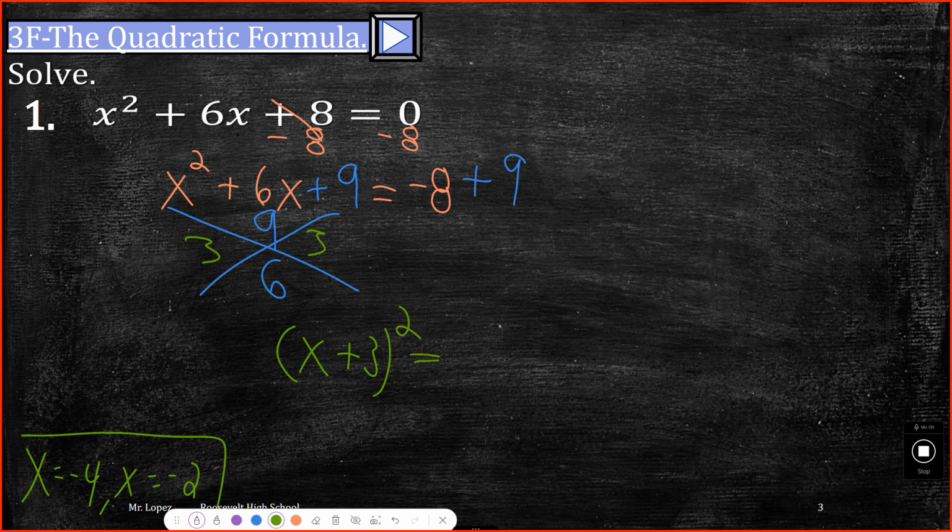And what's negative 8 plus 9? Then what do we do? Somebody help me, please. What do I do next?